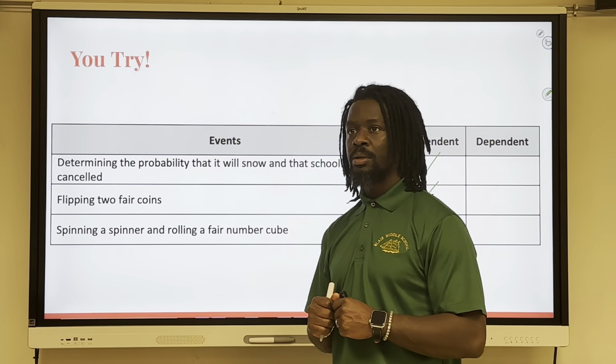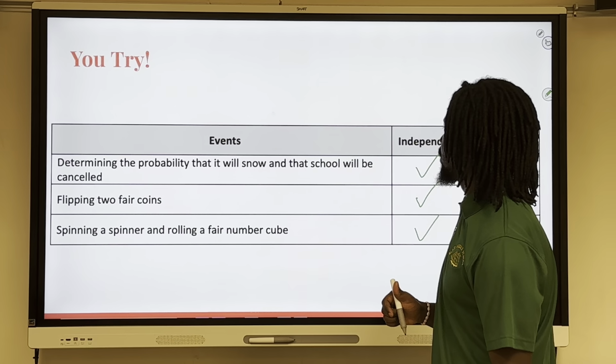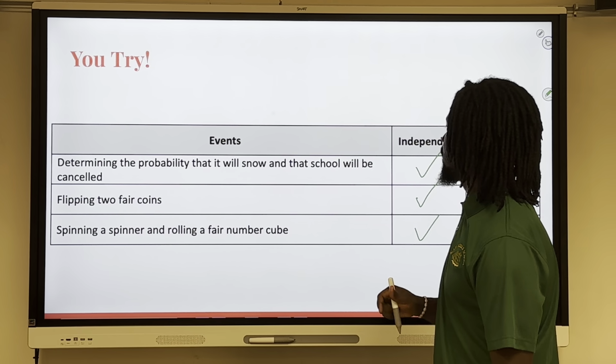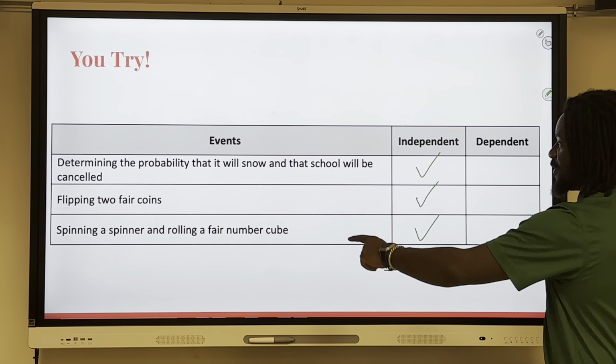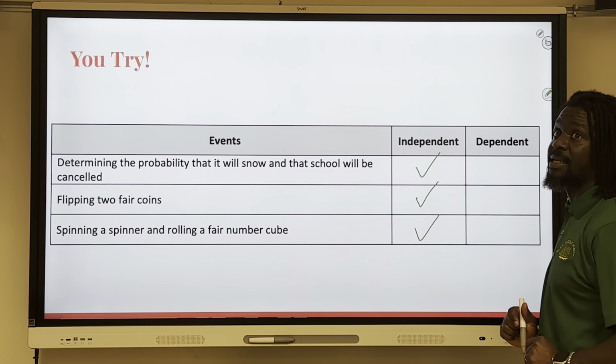And spinning a spinner and rolling a fair number cube, again, this is also independent, okay? So, all right, I'm looking at that first one, the probability that it will snow. Is that dependent?